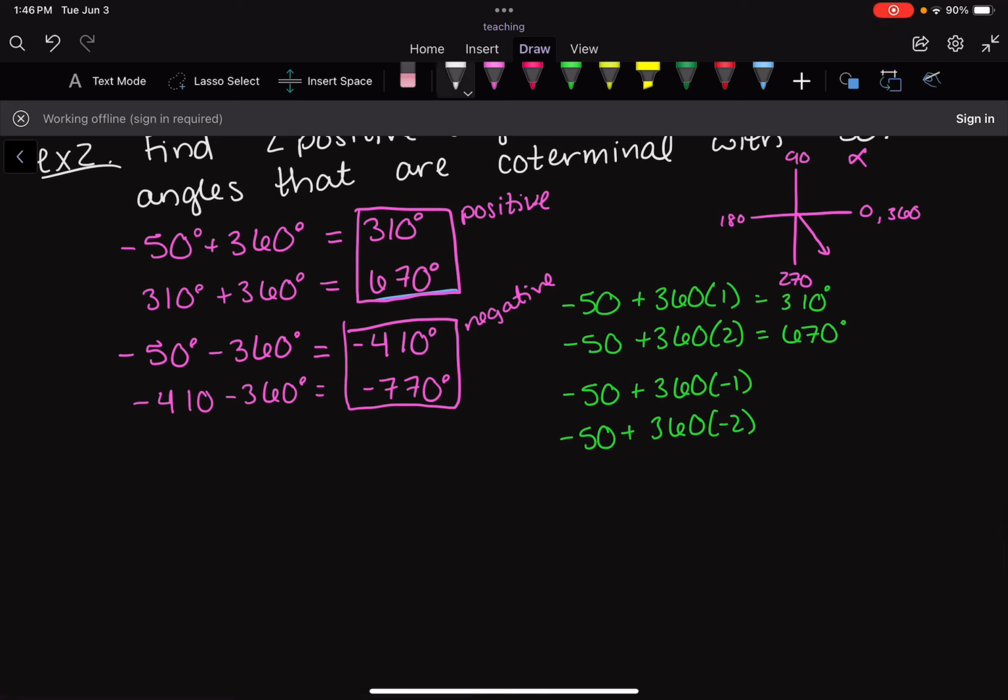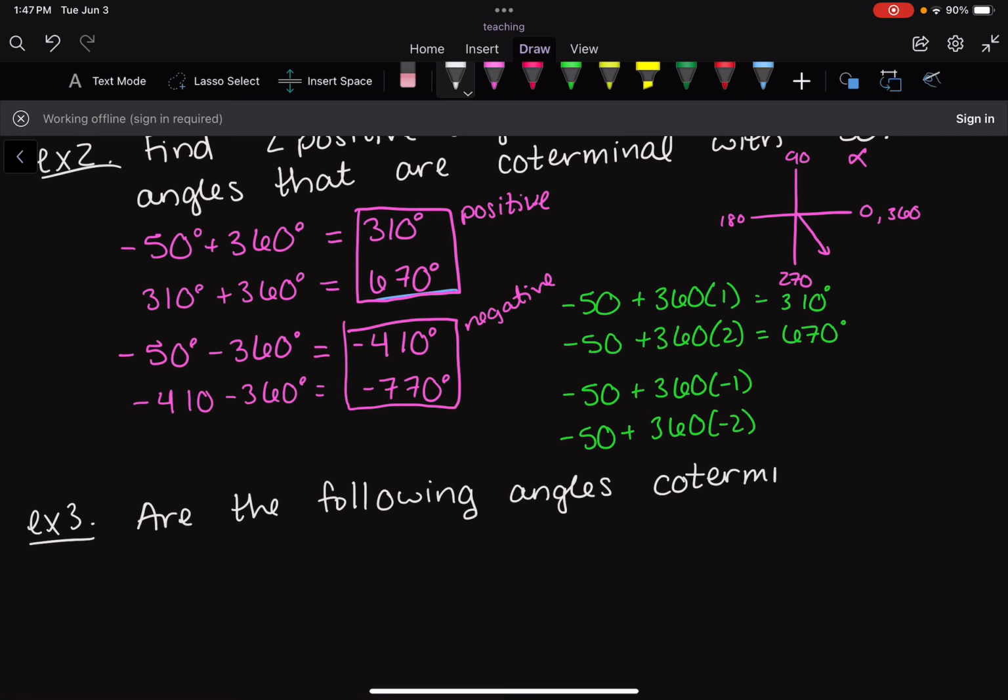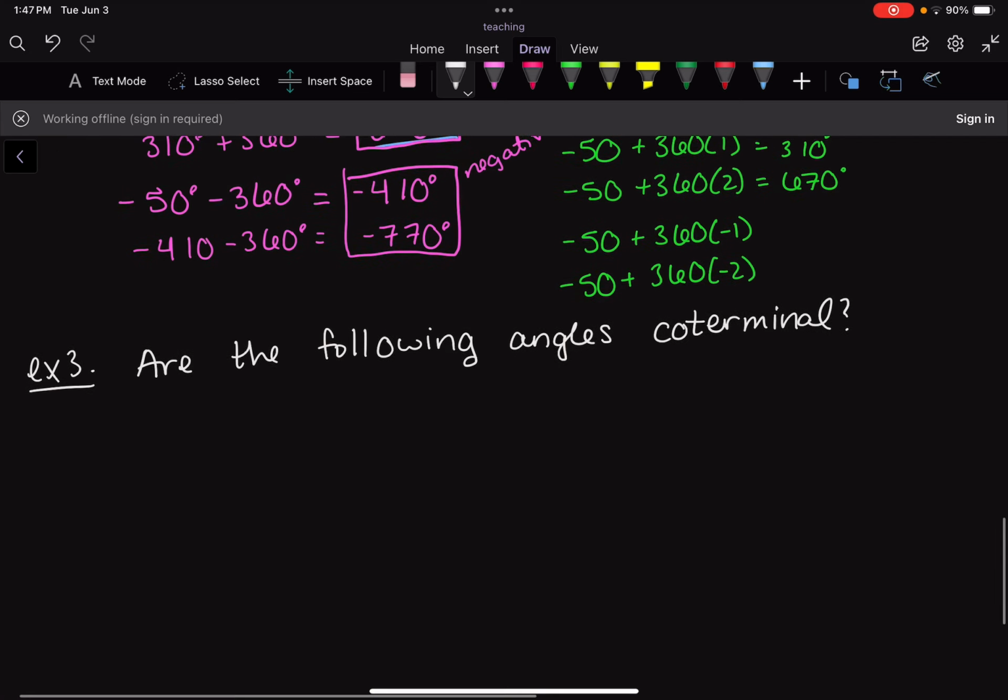All right, let's do another one. So let's see, I'll write it as, are the following angles coterminal? And for part A, I'll say measure of alpha is equal to, be a little bit better with my notation, 190 degrees.